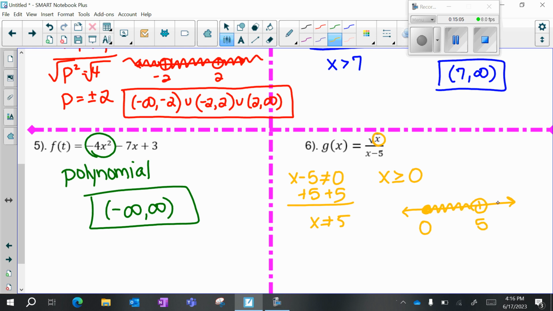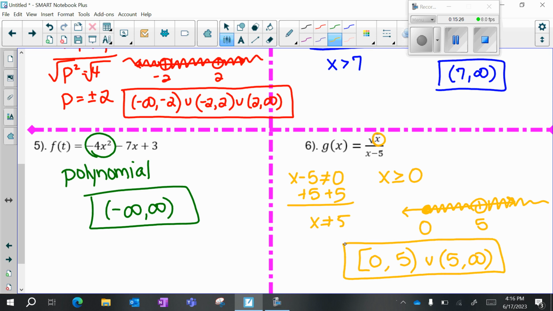So it's going to look like this, which means in interval notation, bracket 0, because it's equal to, and it's a filled in circle, to 5, with a parentheses because it's an open circle and cannot equal, and then from 5 to infinity. And there is my domain. So there are some examples for you to try on your own to practice using all of these rules.